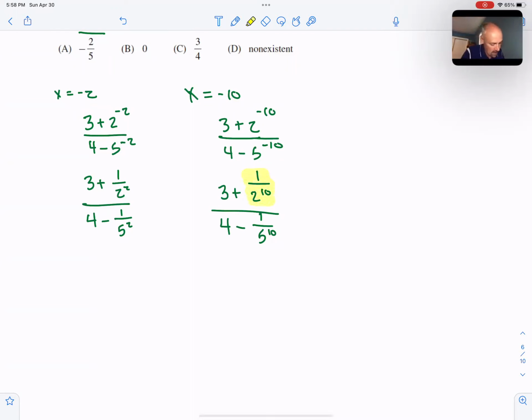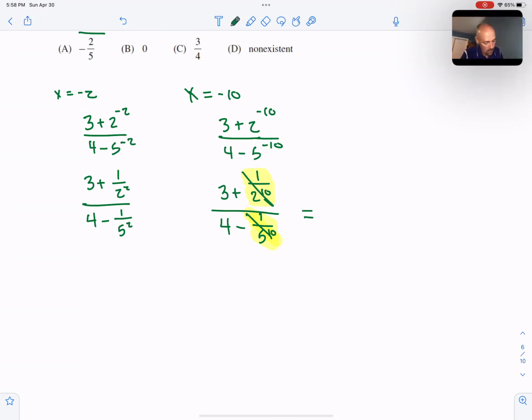Okay, well, I think that's really all I need to do, because if I look right here, I can see that term in the numerator is going to be 1 over a larger and larger and larger number. And so that entire term is going to approach 0. So really that's going to go away. Same thing with that term in the denominator. And so as x is approaching negative infinity, that term is also going to go away.